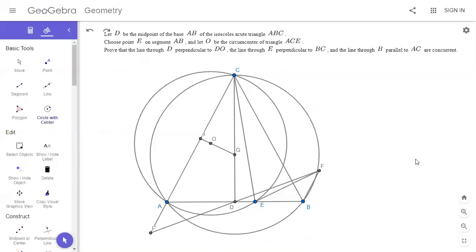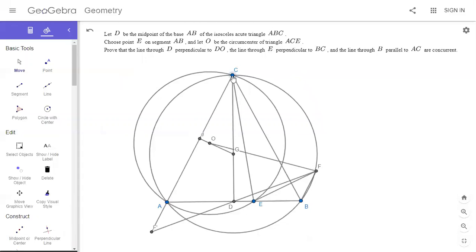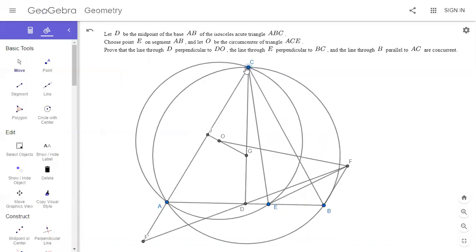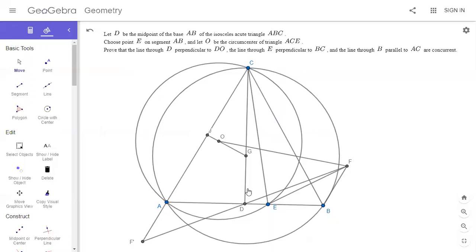Can you draw OF? Yeah, let me make F look, there we go. Isn't OD perpendicular to FF prime? Yeah, that's what we're trying to show. If we can prove that, that would solve the problem.